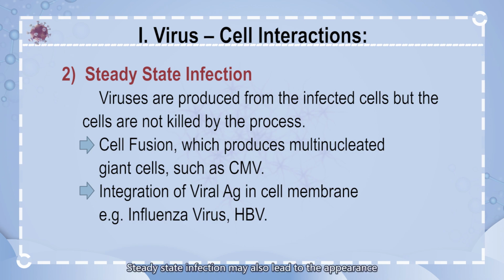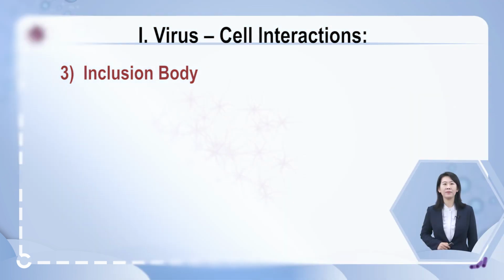Steady-state infection may also lead to the appearance of virus-specific antigen on the host cell membrane, so that the immune system may recognize it and attack the infected cell. Therefore, the infected cells eventually die because of the continuous viral replication and the attack of immune cells.